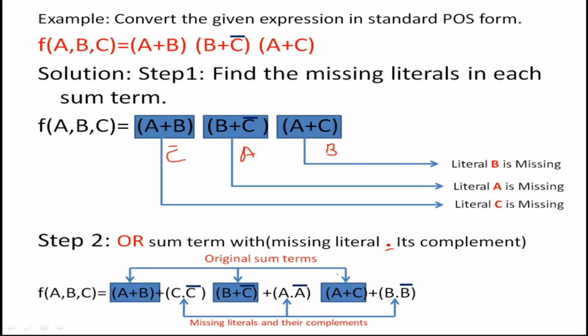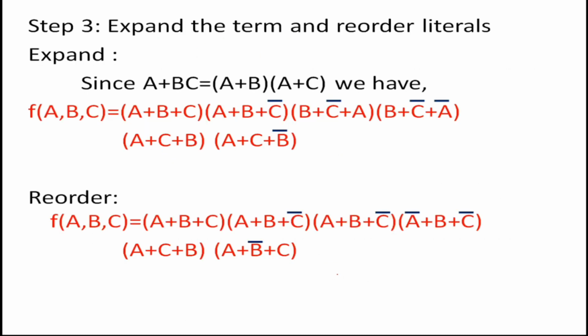Obviously step 3 will be expanding the terms and then reordering the literals. So once we expand, what are we going to get? A plus B plus C. A plus B, when it is multiplied with C bar, is A plus B plus C bar.